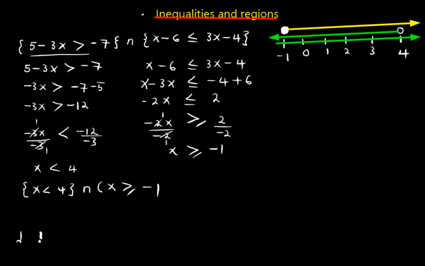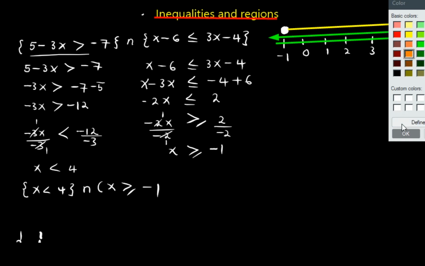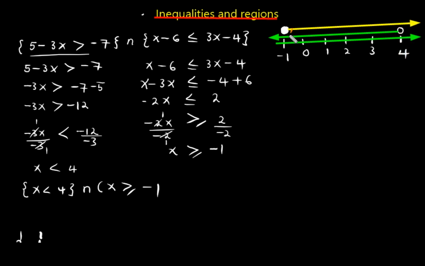Now, they want us to find this region or this inequality where the two inequalities meet. Remember this one is a closed circle, so we shall have negative 1 less than or equal to x, because it is closed, and then x is less than what? 4. What are those integral values?